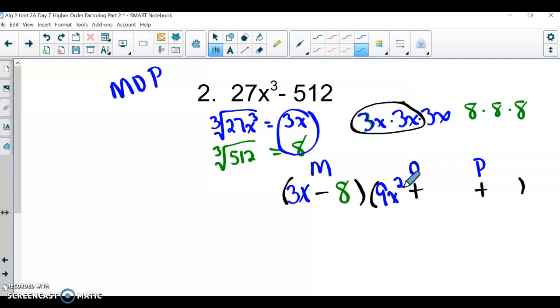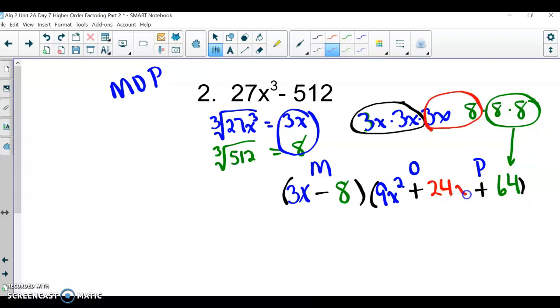We do 8 times 8, that is 64. And then what is left is 3x times 8, which is 24x. Okay. And there, we're able to simplify it.